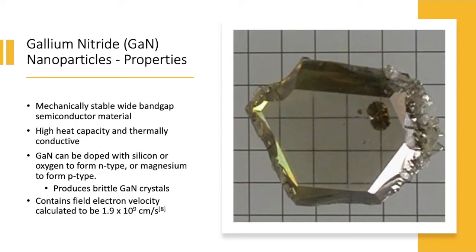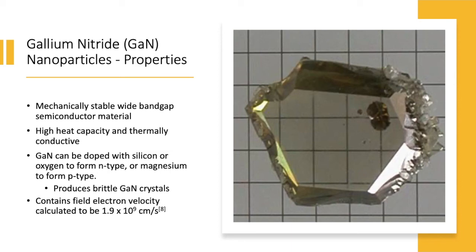Properties of GaN: it is mechanically stable and a wide band gap semiconducting material. Very similar to the previous two, it has a very high heat capacity, and it is thermally conductive. Gallium nitride can be doped with silicon or oxygen to form an N-type, or magnesium to form a P-type.